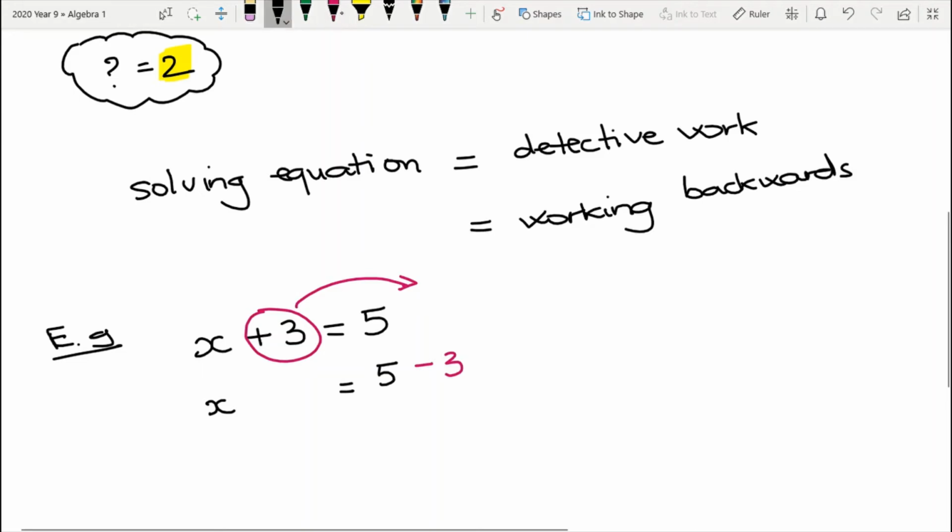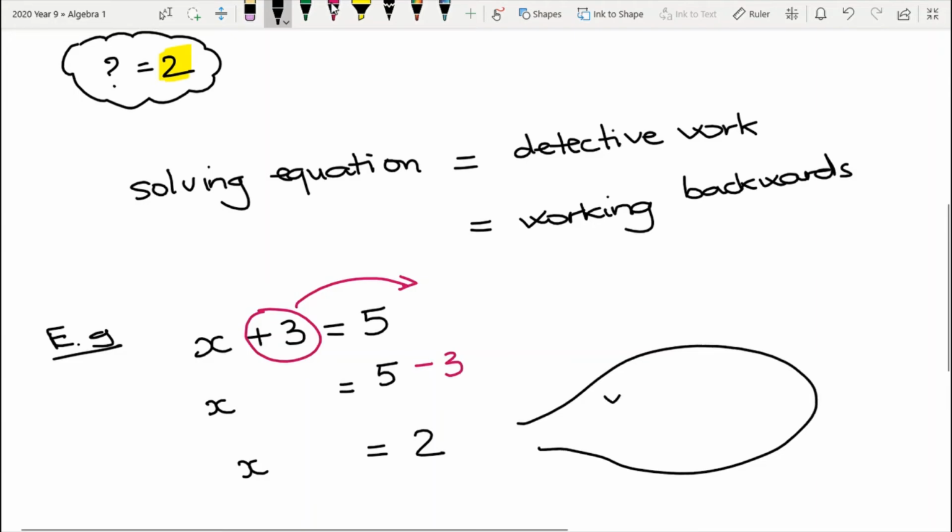That's how you unfold a story, and therefore X is happily 2. That makes sense, right? Because when X is 2, if you look at the original one, 2 plus 3 will be 5. Yes, it's been verified. You see that?